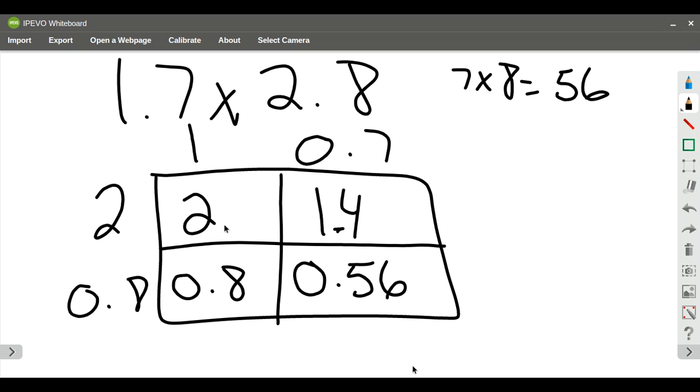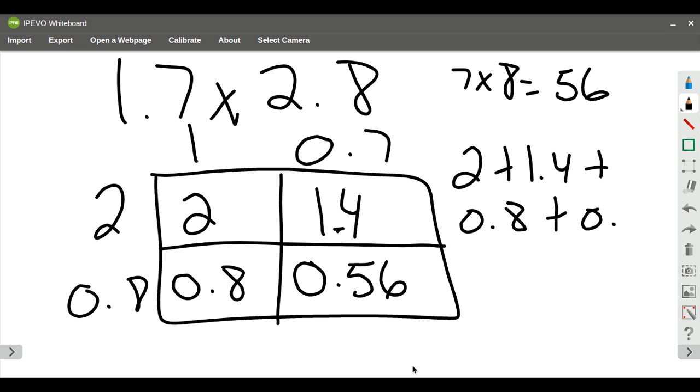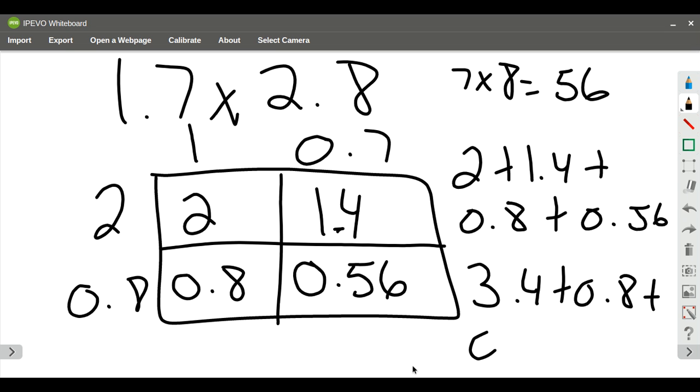So I'm going to go ahead and add these together. So I'm going to do 2 added to 1 4/10, added to 8/10, added to 56/100. When I add those together, I'm going to start by adding 2 and 1 4/10. So I get 3 and 4/10 added to 8/10 added to 56/100. 3 and 4/10 added to 8/10.